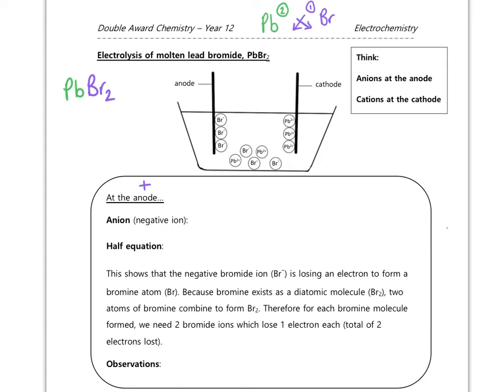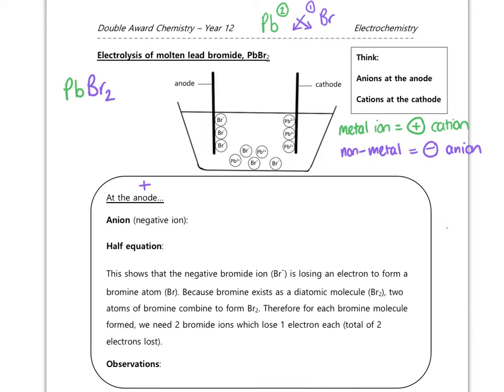So let's think about the ions that make up lead bromide, because remember that this is an ionic compound, so it's going to be made up of positive and negatively charged ions. If you remember from year 11, it's always our metal that is the positively charged ion and our non-metal that is the negatively charged ion. And that's because during ionic bonding, electrons are transferred from the metal to the non-metal.